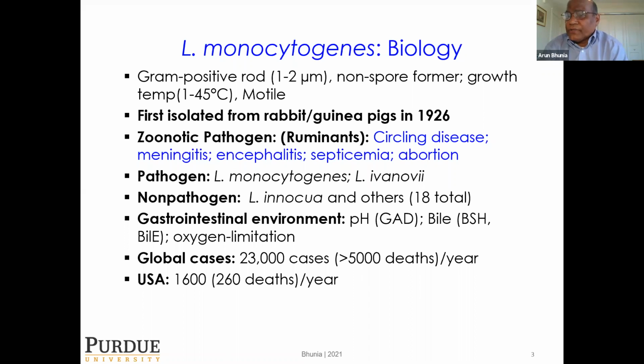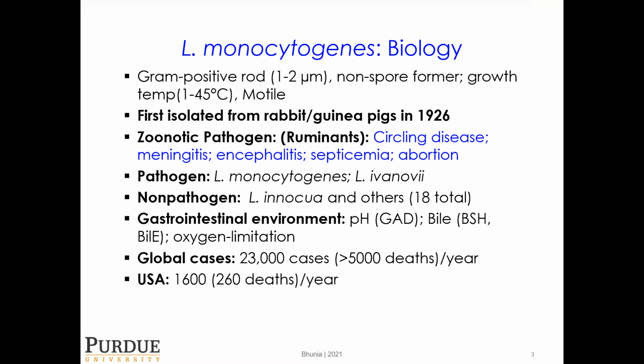As a foodborne pathogen, gastrointestinal environment is very critical for Listeria. And so Listeria has found a way to survive in that. Just to give you one example, glutamate decarboxylase helps them to survive in the low pH conditions. Also, it has defense against bile. So there are a number of ways they can survive well in the gastrointestinal tract.